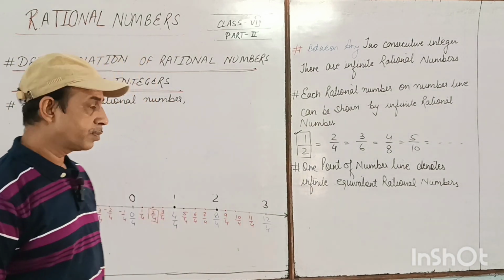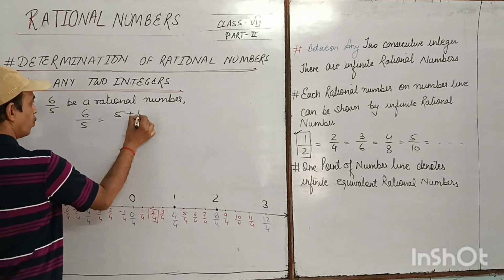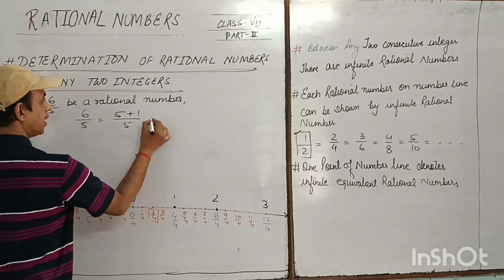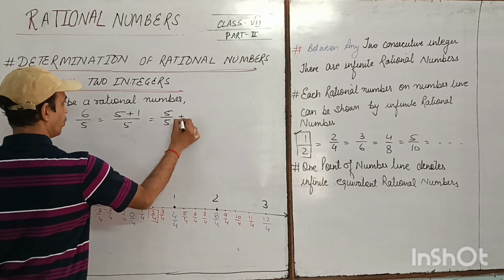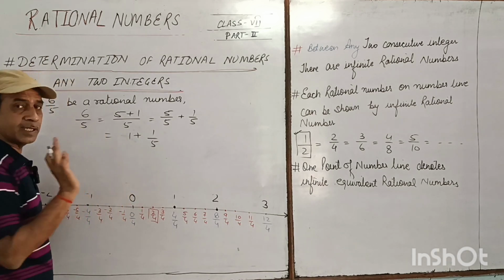How will you show it? 6 upon 5 we can write as 5 plus 1 upon 5. Further it can be written as 5 upon 5 plus 1 upon 5, which is 1 plus 1 upon 5, and 1 is the integer.